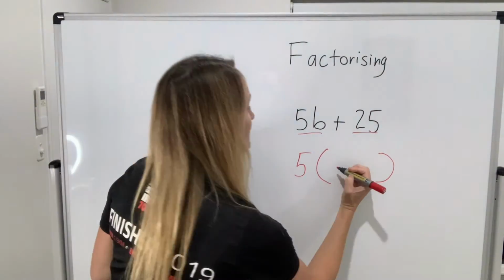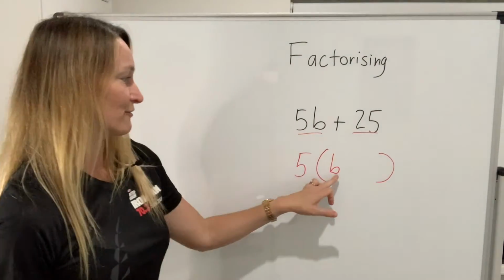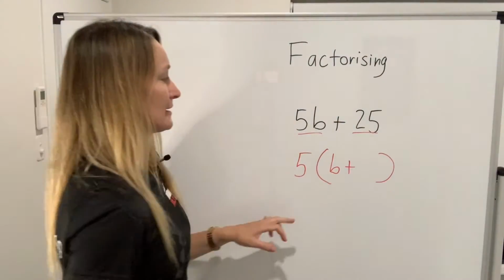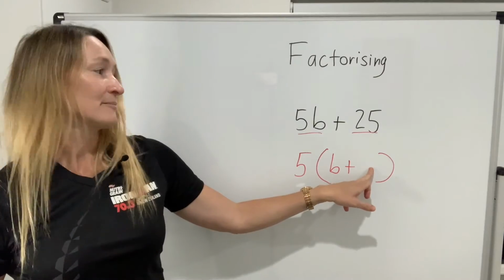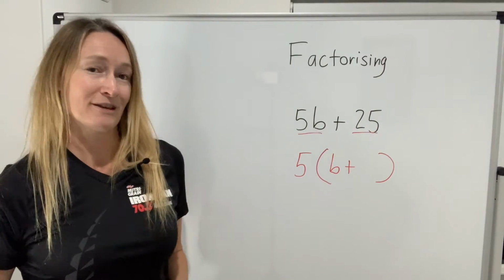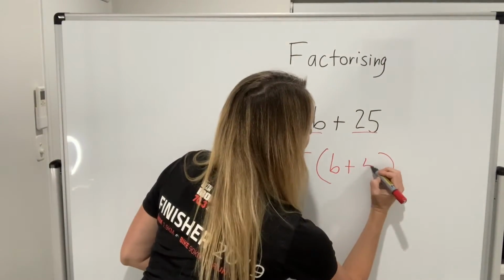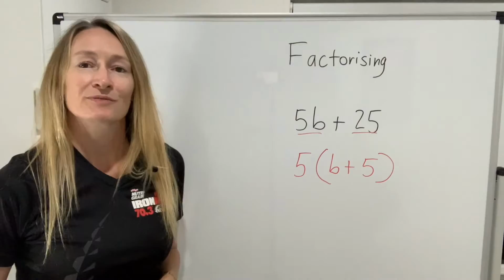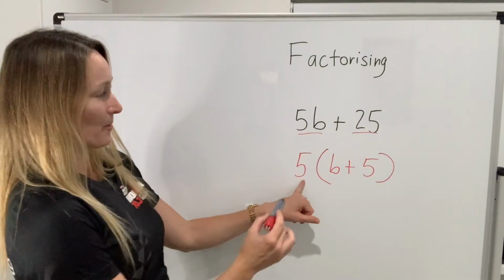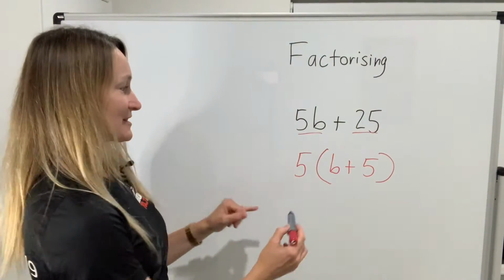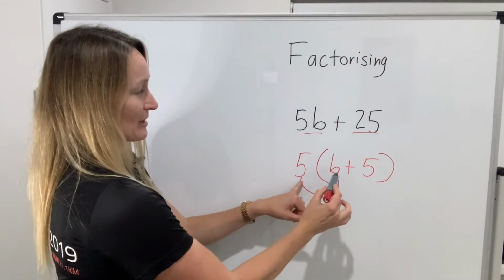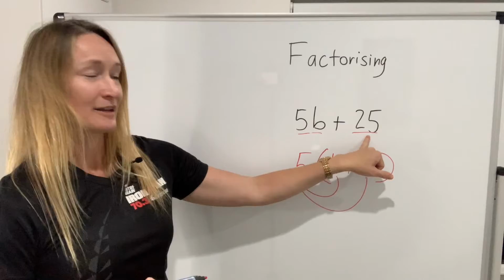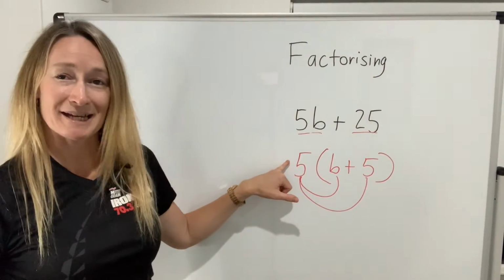So 5 times b would give us that 5b. It's a plus. 5 times something gives us 25. So 5 times 5. There's our answer there. You can check that you're correct by expanding the expression. So we could go 5 times b, 5b, and 5 times 5 is 25. So we know we've got the correct answer there.